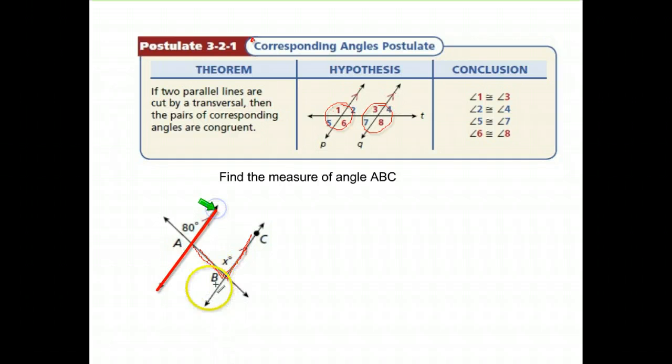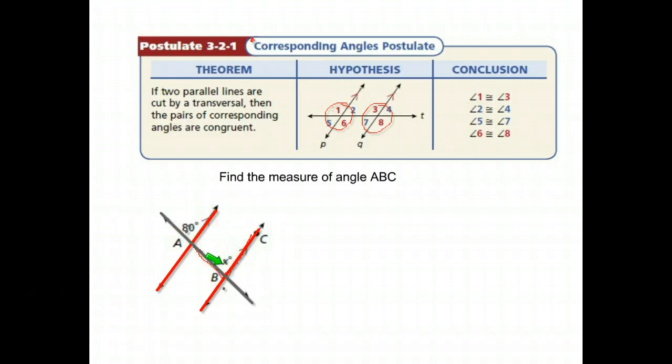Okay, so if we look at our picture, we have a set of parallel lines. We have a transversal cutting through them. Notice when we had that transversal come through, it created 1, 2, 3, 4 angles here, and 1, 2, 3, 4 angles here. The postulate up above tells us if they're corresponding angles, meaning they're in the same place in their intersection, then they're congruent.